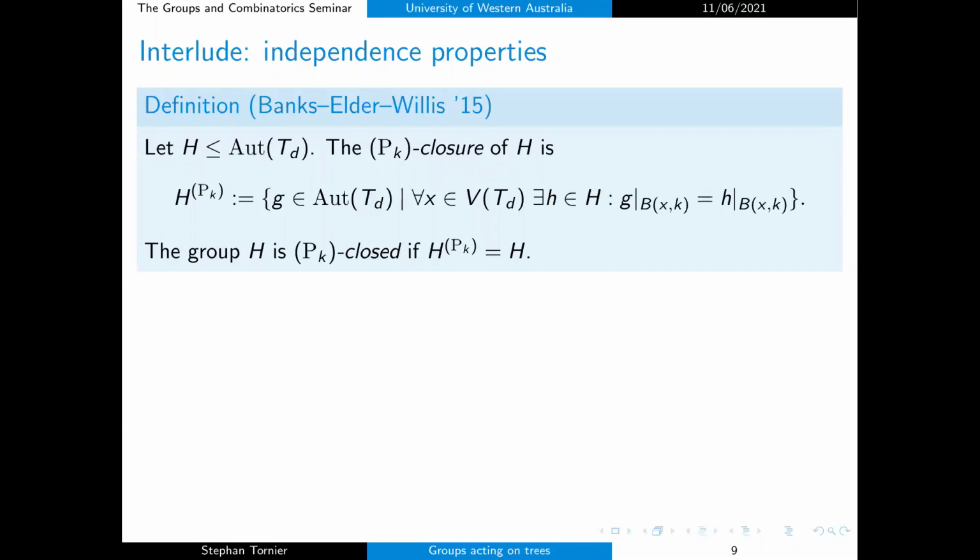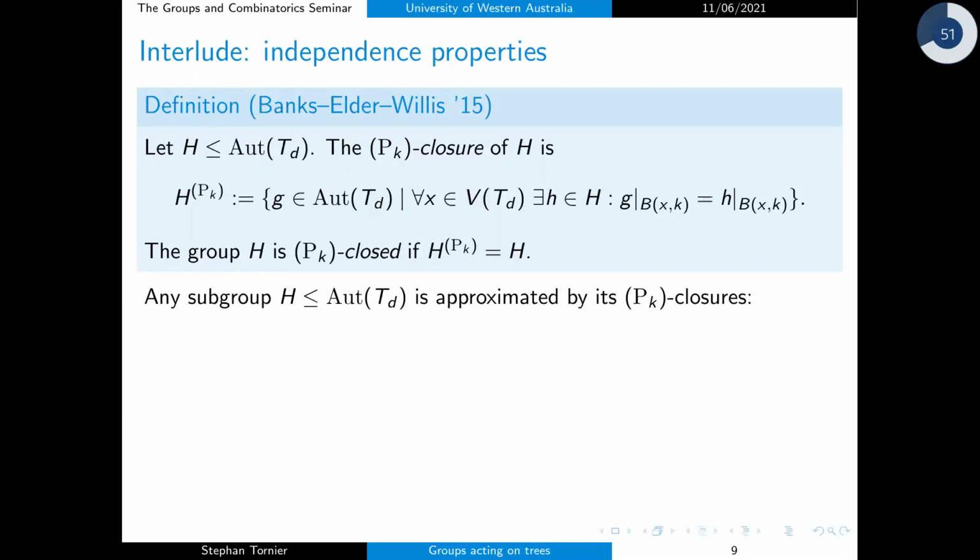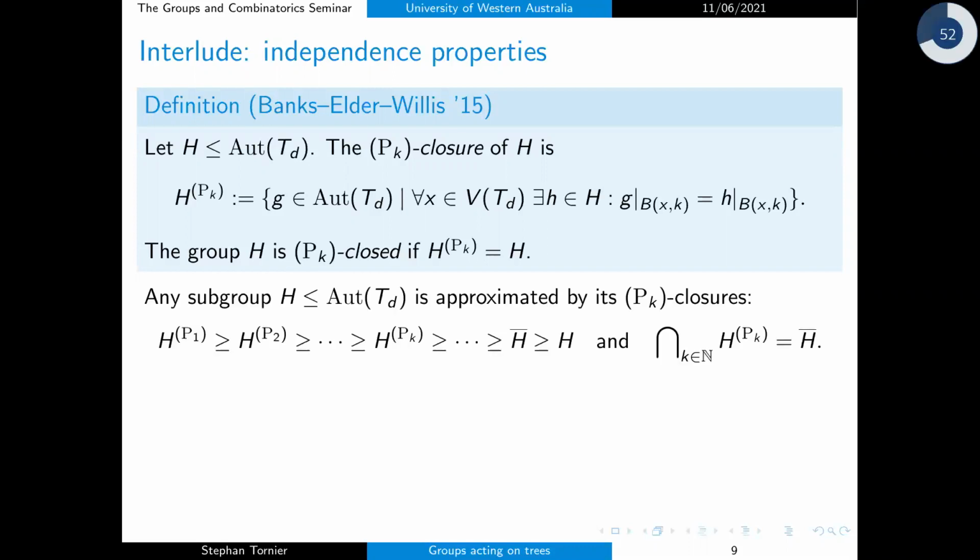These PK closures are useful because they approximate the original group H, and you can already see that that makes sense intuitively. If you act like H on larger and larger balls, you're going to get closer to H somehow. To make this precise, you have this descending sequence of K closures, and if you intersect all of them, you get precisely the closure of H. So if H was closed to begin with, you would get H back as this intersection.